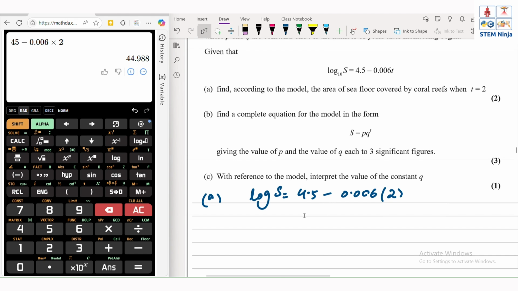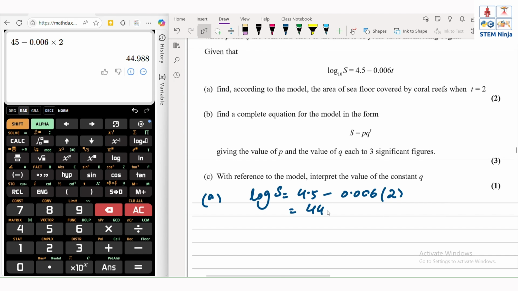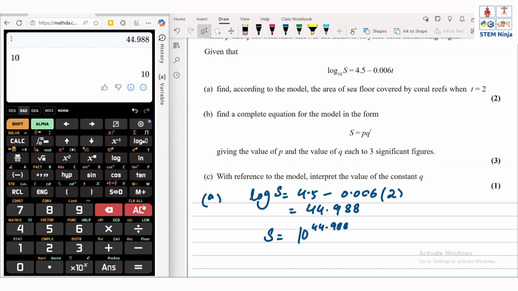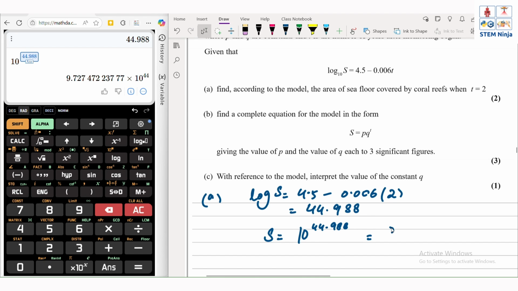This is 4.488. So that means S is equal to 10 raised to power 4.488. So this 10 raised to power answer, you get this value, 9.7. No, wait.